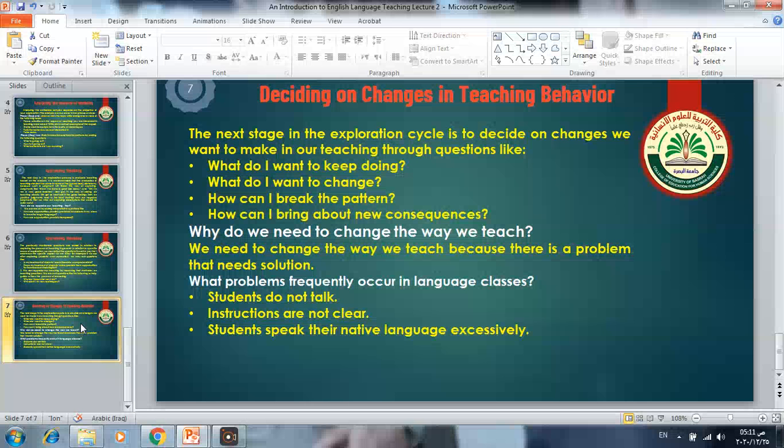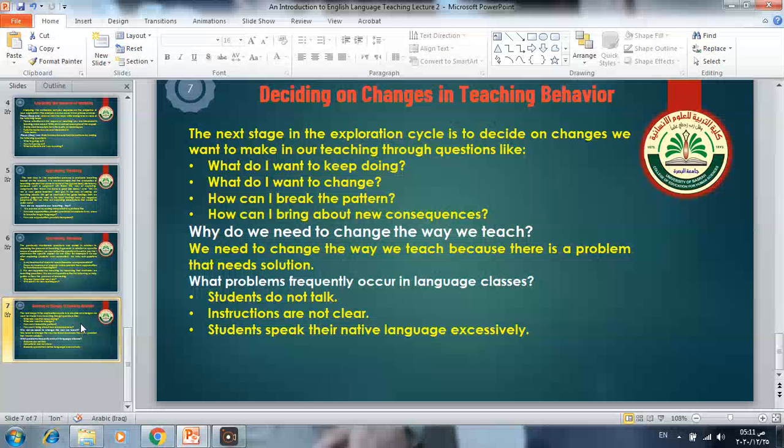So the next step in the exploration cycle is to decide on changes we want to make in our teaching through questions like, again, you ask questions. So you may ask, what do I want to keep doing? What are the things that I really find interesting and motivating for my students, and I want to keep doing them. So you make a decision about the things that you want to keep doing.